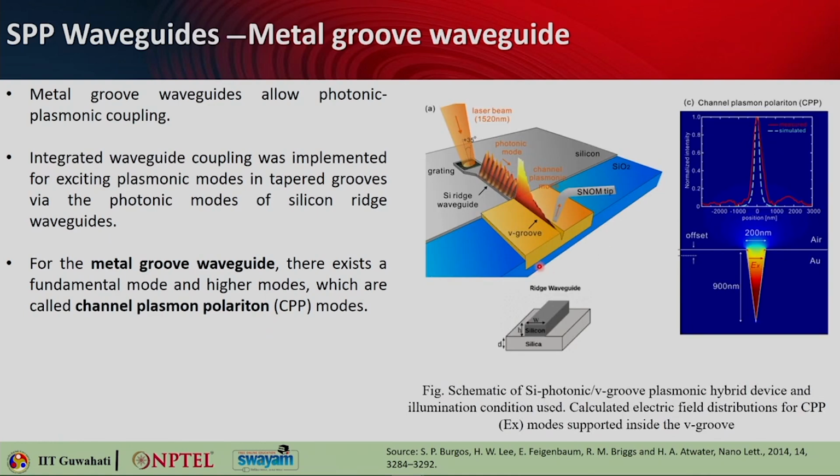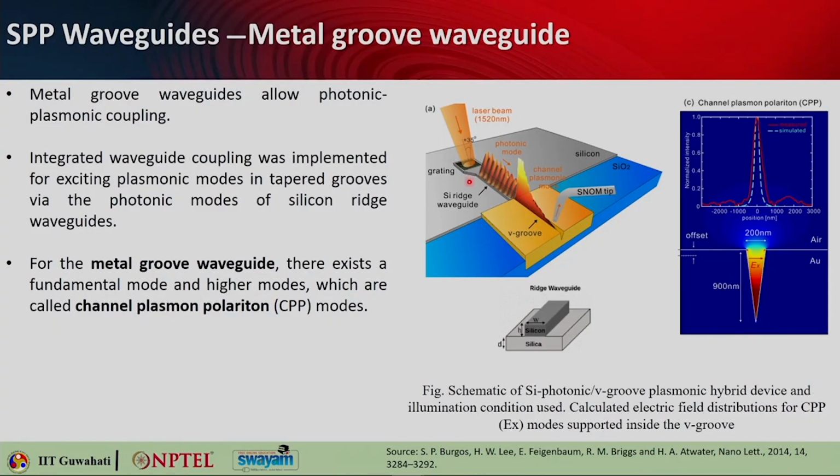Some example you can see here is a grating with laser light on top of it. This is the optical signal that you are taking. You have a grating coupler that converts your light into surface plasmons. Once it is coupled, you put a silicon waveguide from this one to the V groove.